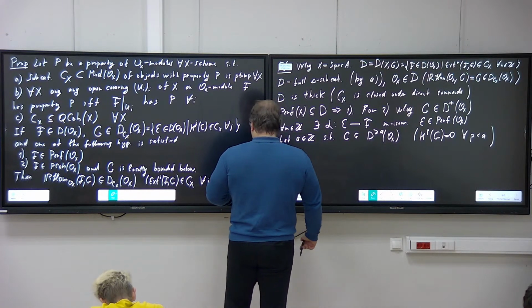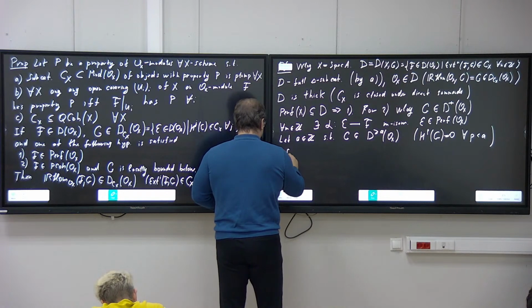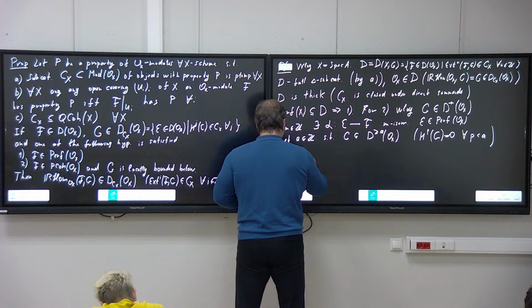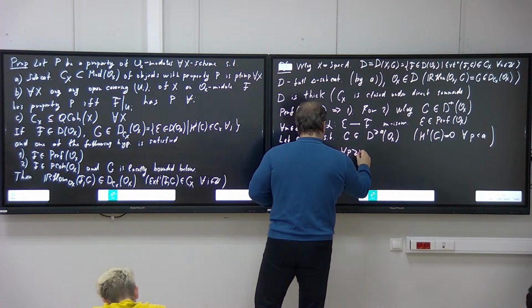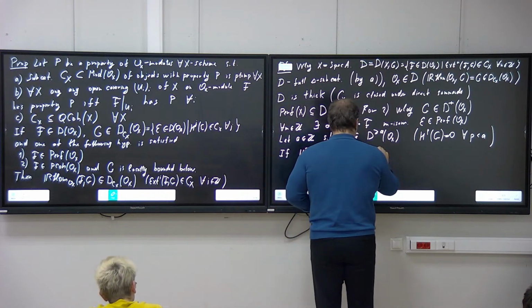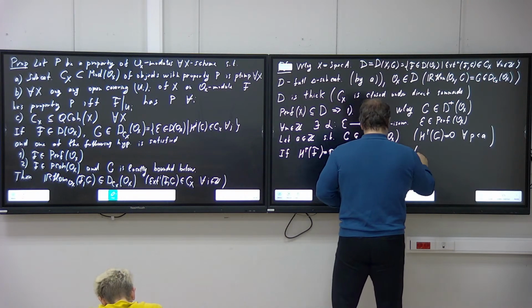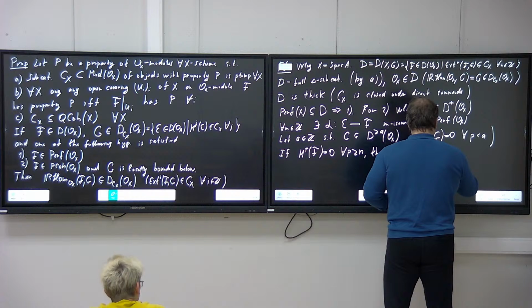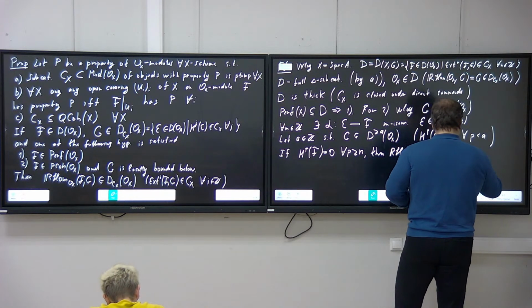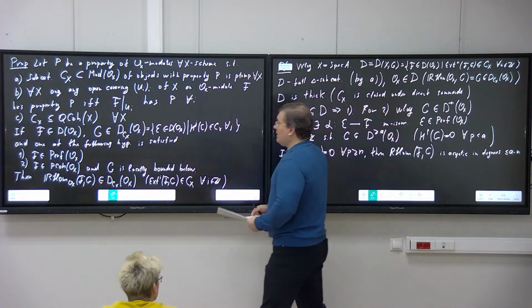Okay, so then I have the following simple but kind of tedious observation: if cohomology HP of F is equal to 0 for any P greater or equal than N, then what I need is the observation that the local Hom between F and G is acyclic in degrees less or equal than A minus N. Okay.